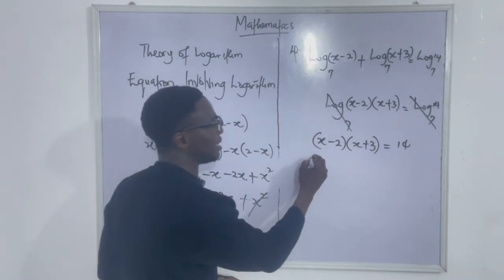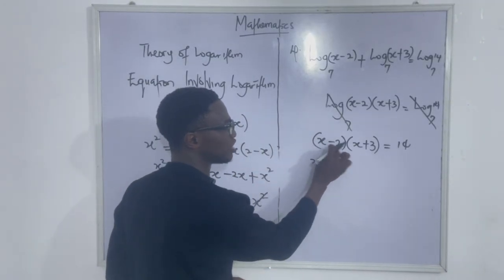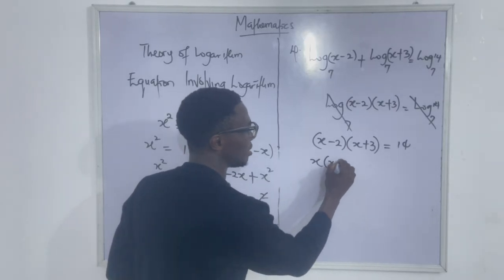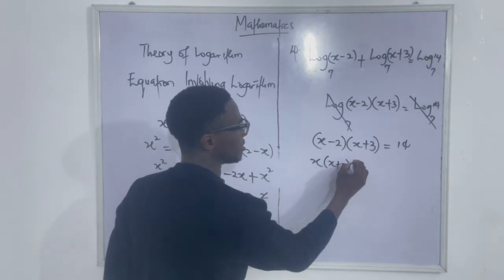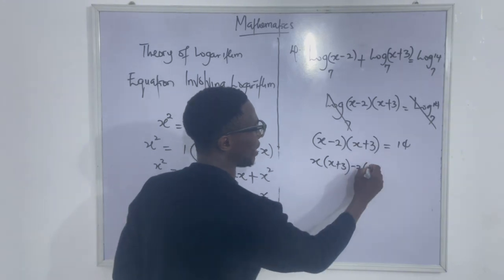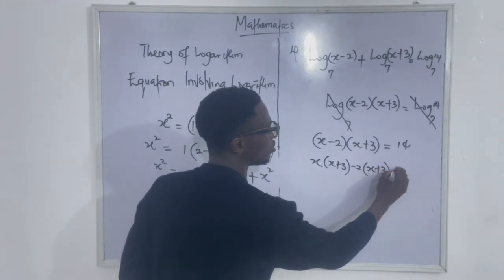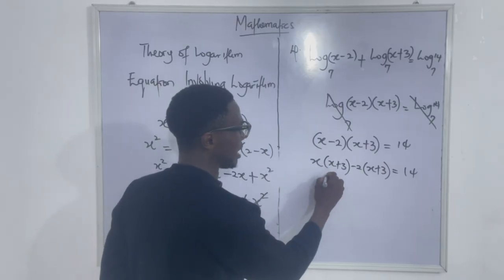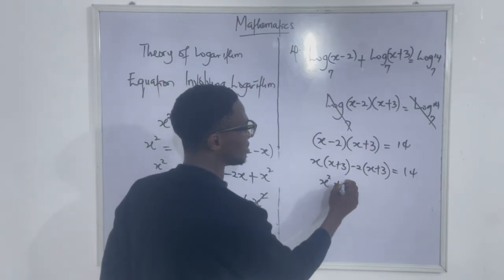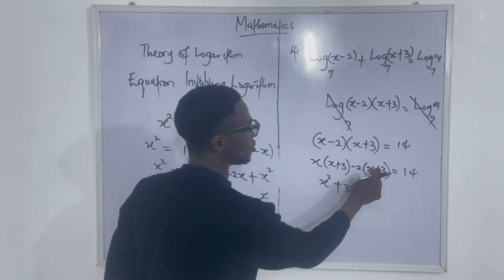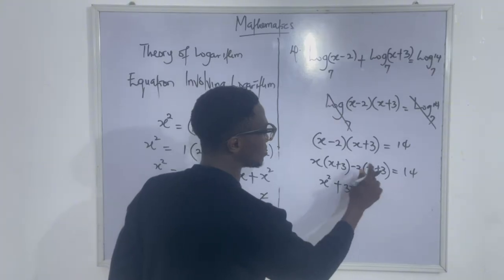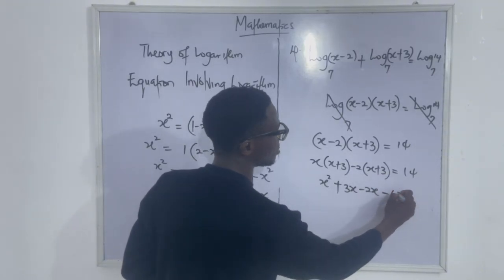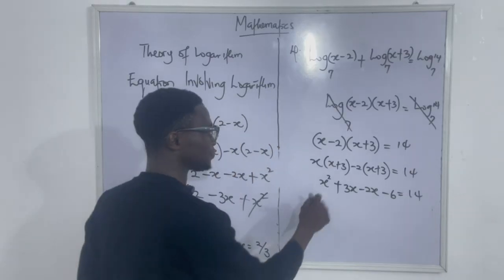Then we can expand. We split this to multiply: x multiplied by x plus 3, and minus 2 multiplied by x plus 3 also. That equals 14. So x times x is x squared. x times 3 is 3x. Minus 2 times x is minus 2x. Minus 2 times plus 3 is minus 6, equals 14.